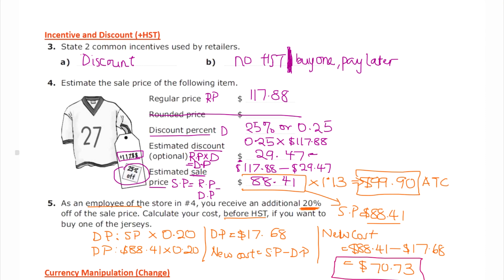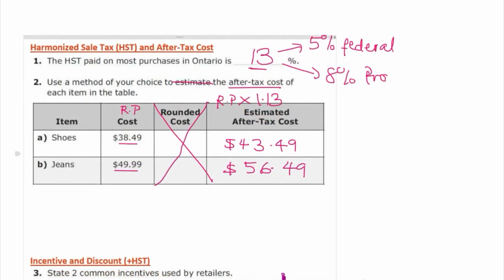When you're asked to pay the HST, the after-tax price can be determined by multiplying your answer by that particular factor. Finally, we looked at harmonized sales tax and how that works in Ontario specifically.